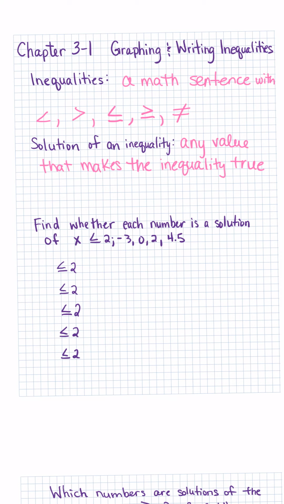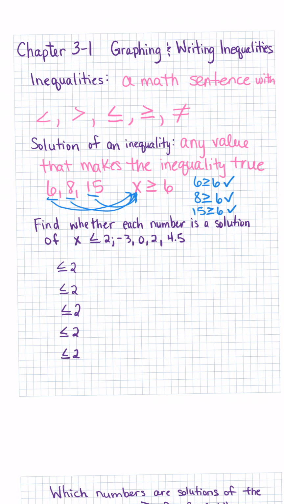For example, 6, 8, and 15 are solutions of x is greater than or equal to 6, because if you plug any of these numbers in to the x at separate times, 6 is greater than or equal to 6, yes, that's true. 8 is greater than or equal to 6, true. And 15 is greater than or equal to 6, also true.